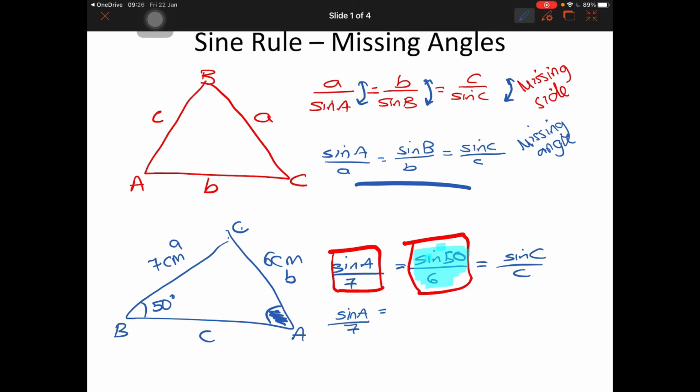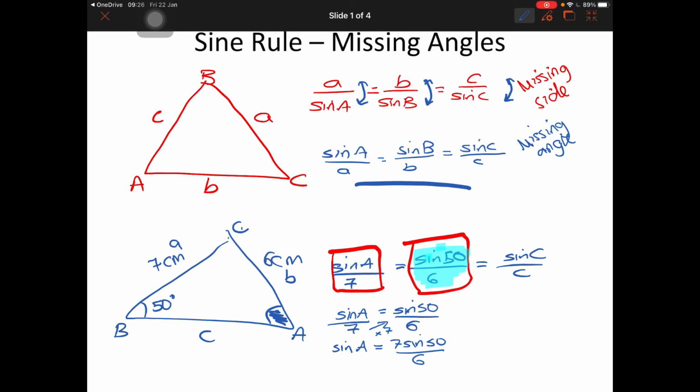So if I have sine A over 7 equals sine 50 over 6, I need to just manipulate this slightly so that I can find out what A is. So all I'm going to do is times both sides by 7. So I'll be left with sine A equals 7 sine 50 over 6.